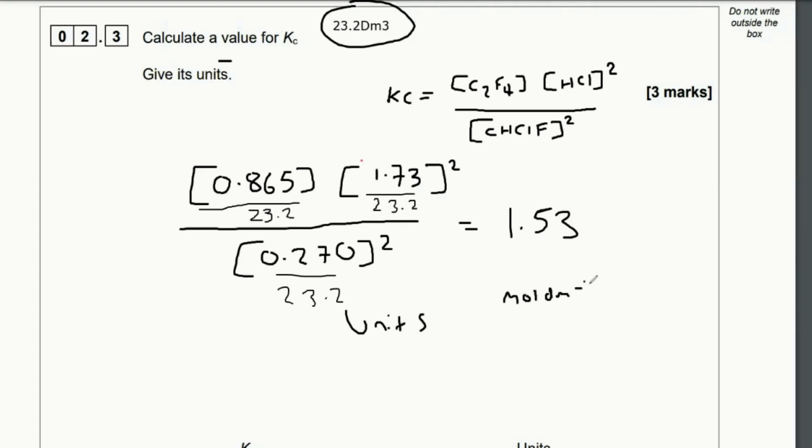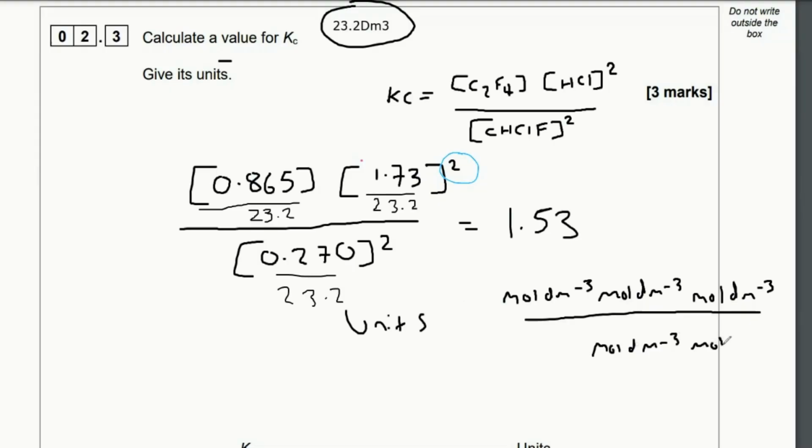And if you do that, you're going to get the answer of 1.53, but now you need to work out the relevant units. And as you can see, there are mole to the dm to the minus 3, mole to the dm to the minus 3 on the top. And this is because I have 1.73 to the 2, so there's 2 mole to the dm minus 3s.